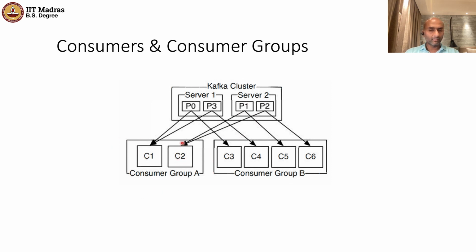So in totality, consumer group A sees 100% of the data. Now, in the case of consumer group B, where there are 4 consumers, the mapping of partition to consumer is such that all the consumers get used. In this case, 1:1, one partition to one consumer. So this mapping, this parallel consumption, is all handled by the consumer protocol.